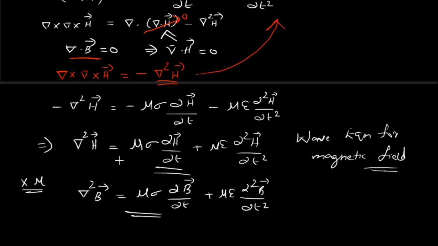Each equation gives you the variation of the wave independently in electric field and magnetic field. But since it has both the variations, that is del square E as well as del square H, I say that it is a general wave equation for electromagnetic wave.